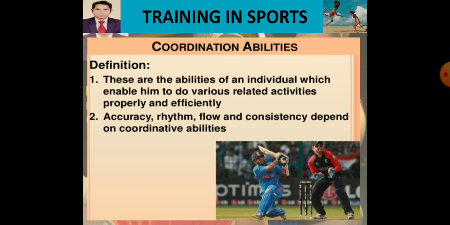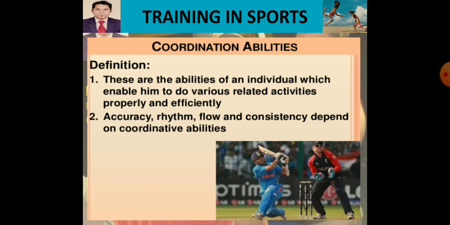So coordinative ability is performing two or more actions together, either with parts of the body or actions being performed by the person or individual.